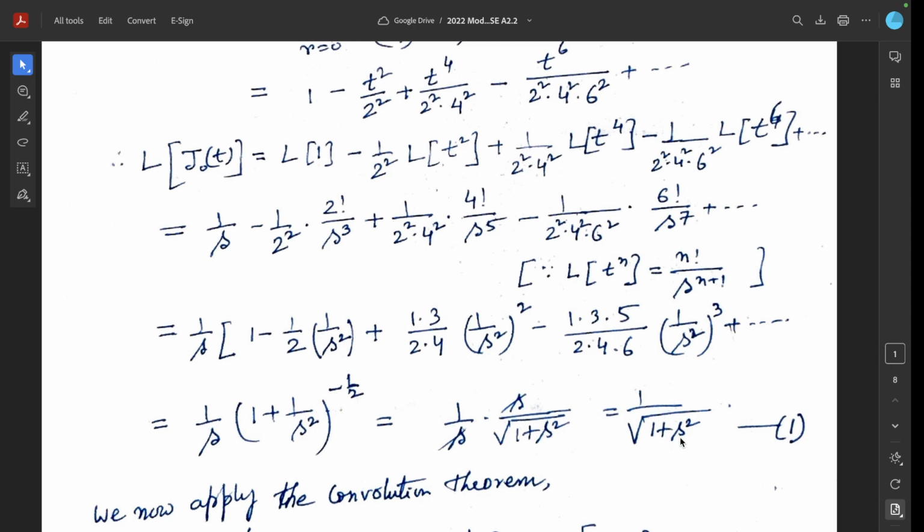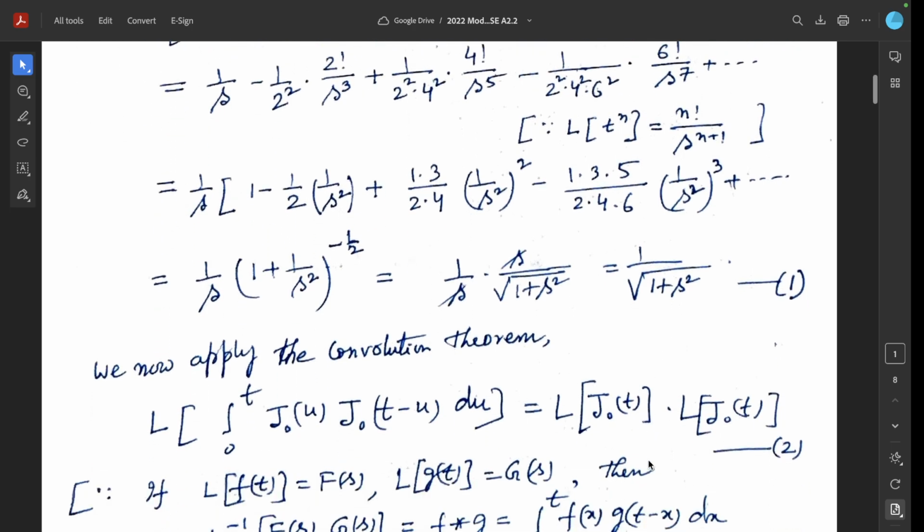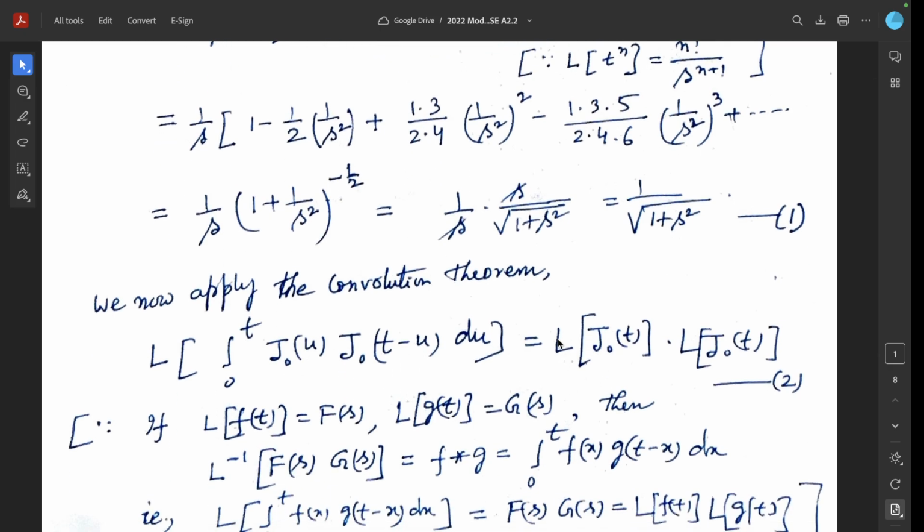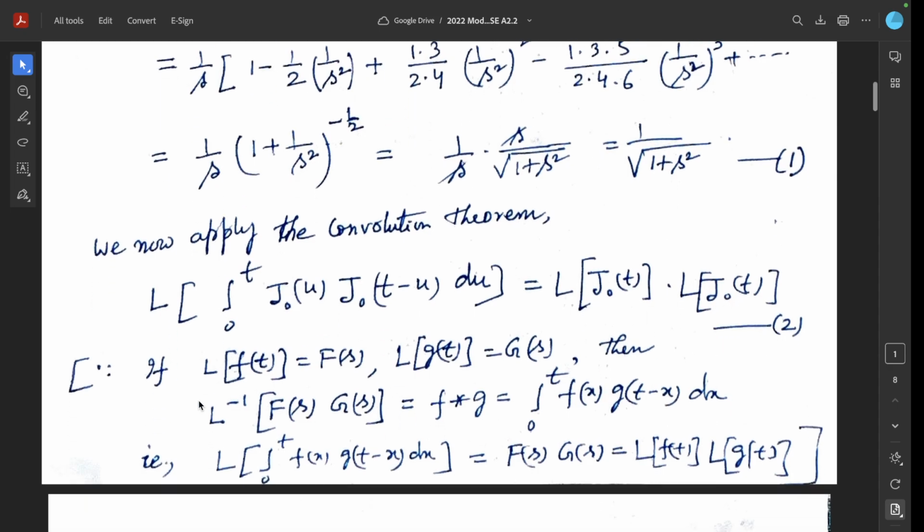1 plus s square. Now we apply the convolution theorem. The Laplace transform of the integral from 0 to t of J0(u) J0(t minus u) du equals the Laplace transform of J0(t) into the Laplace transform of J0(t). By the convolution theorem, if L{f(t)} equals F(s) and L{g(t)} equals G(s), then L inverse of F(s) G(s) equals f star g, which equals the integral from 0 to t of f(x) g(t minus x) dx.